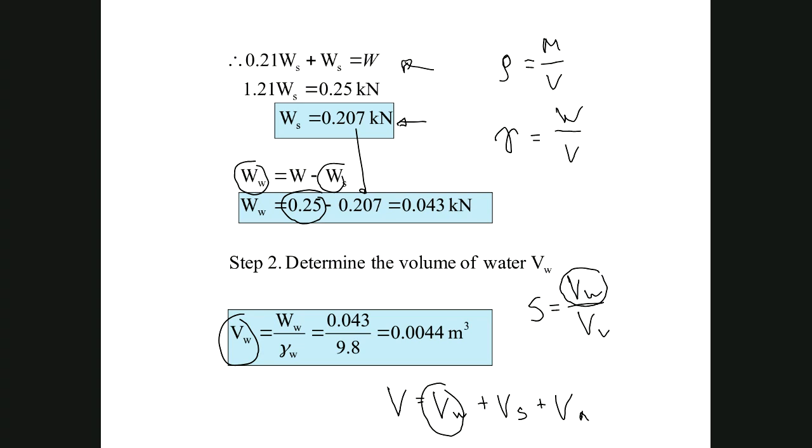So in this case, volume of water will be weight of water divided by unit weight of water. Okay, how do we find the unit weight of water? What is going to be the unit weight of water? Anybody can write it in the chat? The number for the unit weight of water.